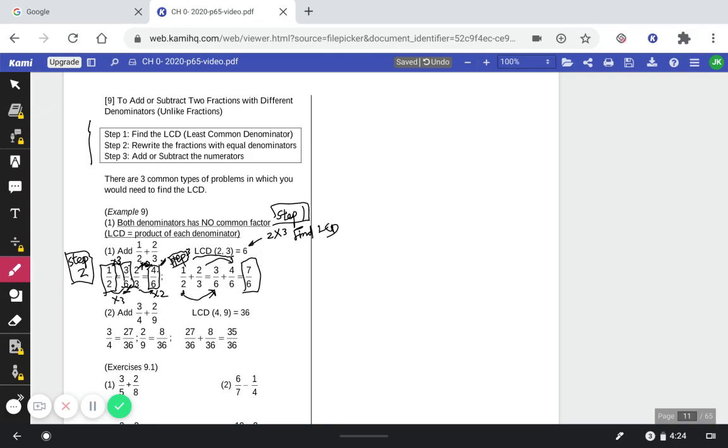Step 2, find equivalent fractions. Step 3, do the operation.